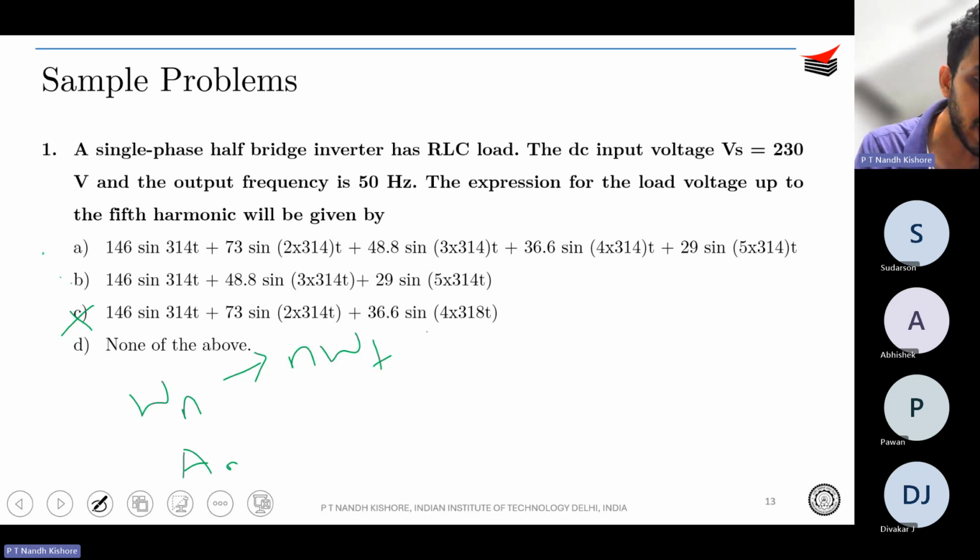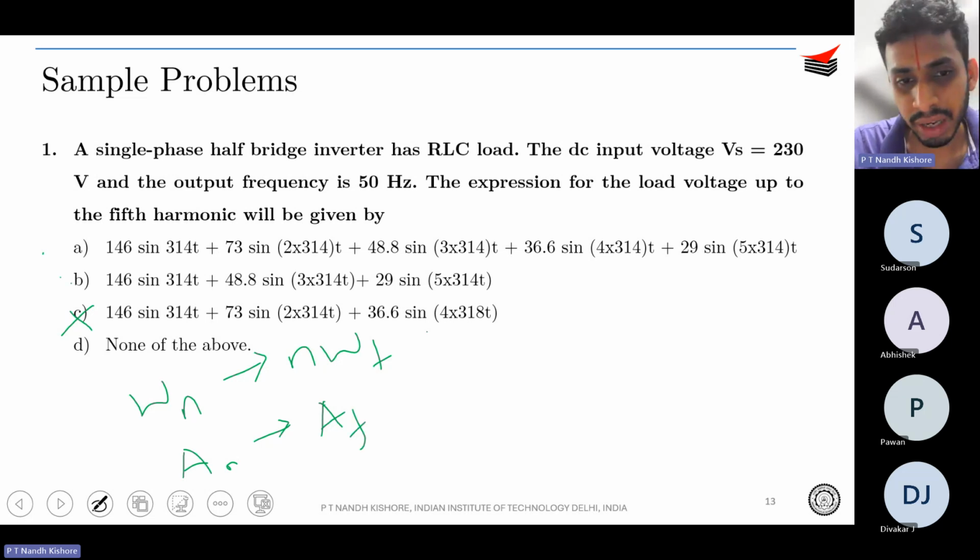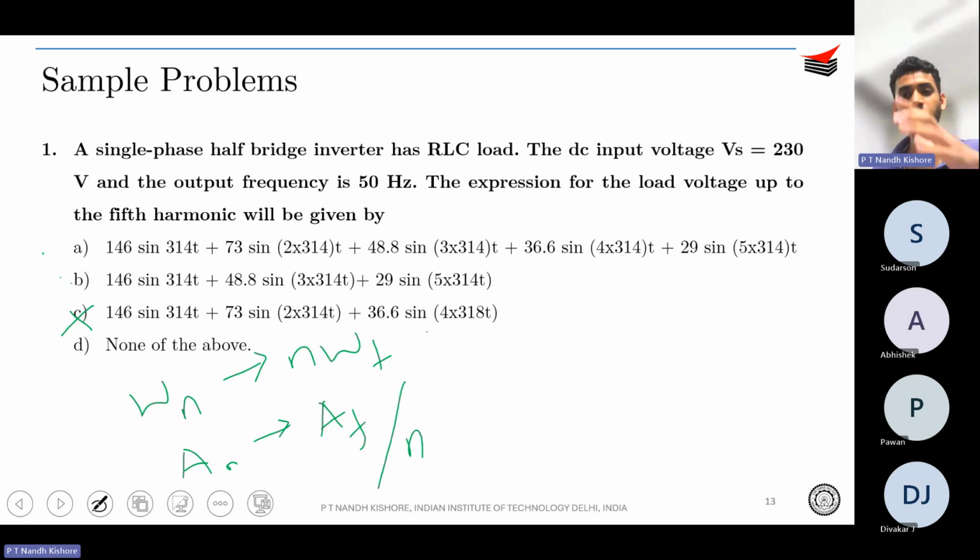Your amplitude a_n is going to be whatever your fundamental amplitude is, divided by n, so its magnitude comes down. If you have 1 unit of magnitude in the fundamental, in the third harmonic it becomes 1/3, in the fifth it becomes 1/5, and so on. So as your harmonic order increases, your amplitude goes on decreasing. So this is the hack.